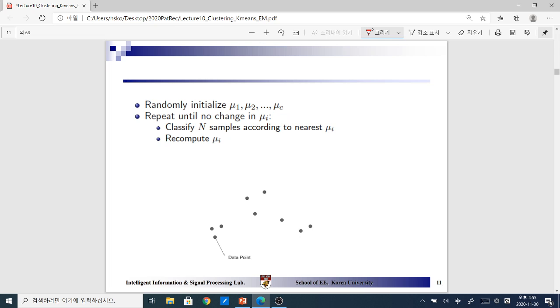So this is actually an animation. Another example is that we randomly initialize the centroids. But before we do that, we need to decide on how many centroids we're going to have, or what the number of clusters would be. So in this case, let's say k being 2 or 3.